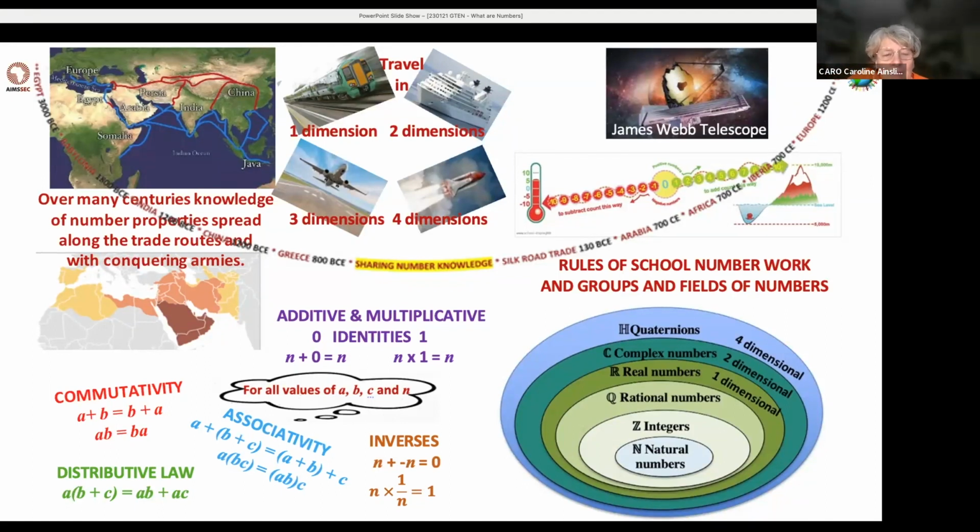Inverses, I see that as really powerful, and the associativity and commutativity, really getting solid on that, whatever you call it. Getting solid on the inverses I see as really powerful in clarifying a lot of the misconceptions that exist in the learners' heads.